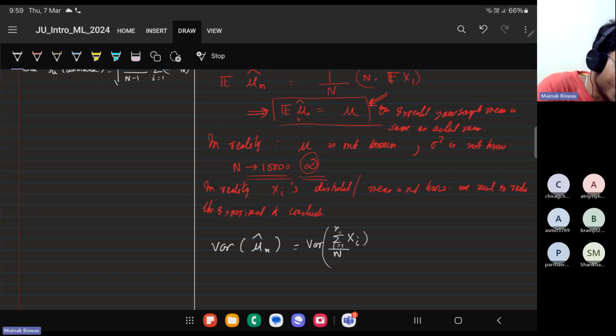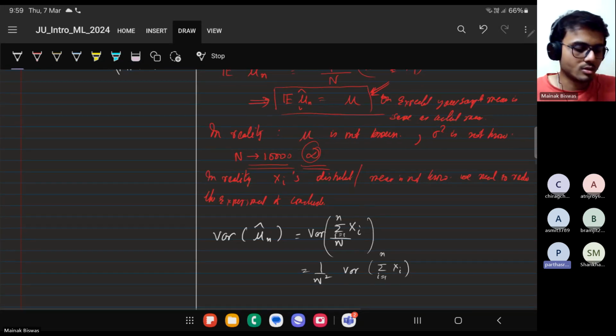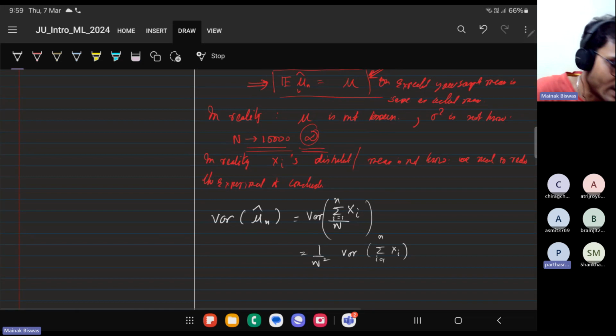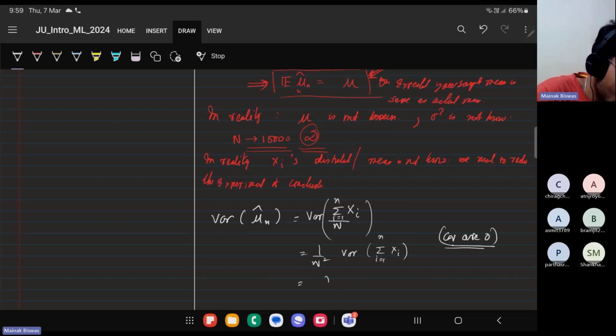Since they are independent, covariance is 0. Very good, you remember. So I can take the variance outside: n times variance of x1, by n squared.